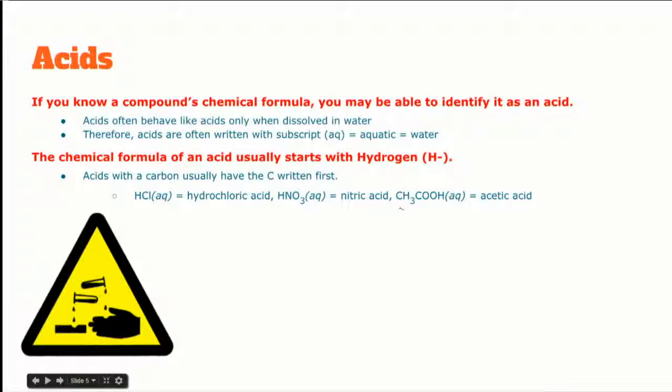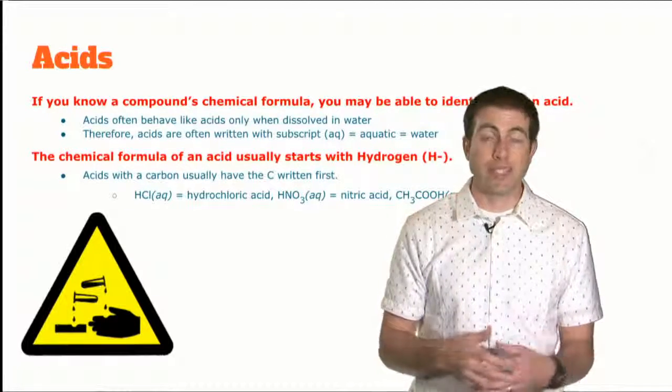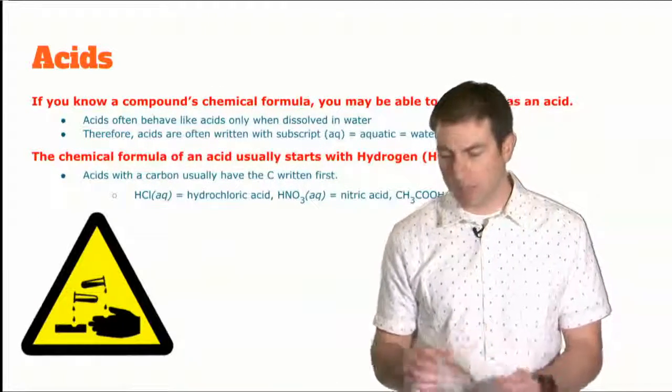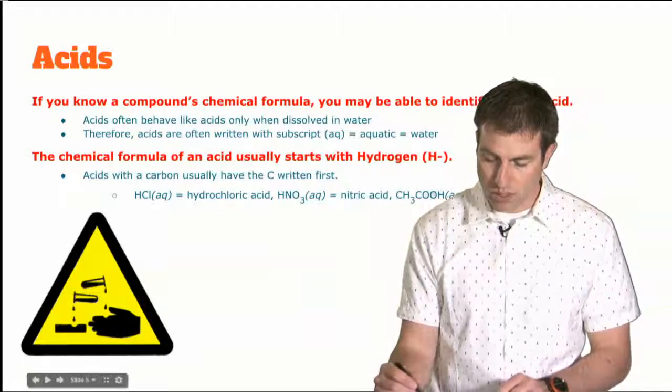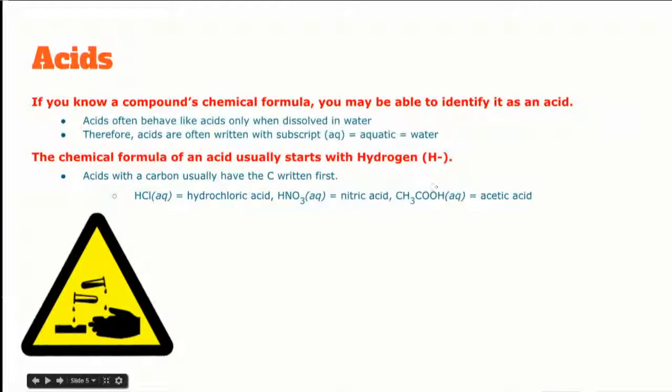Or I shouldn't say it's organic, but it has the C first. So CH3COOH, we haven't talked about organics yet, but we will soon. That's kind of the only exception. And it kind of looks like a base if you really look at it, because it has that OH at the end. So acetic acid is one of these really tricky ones.